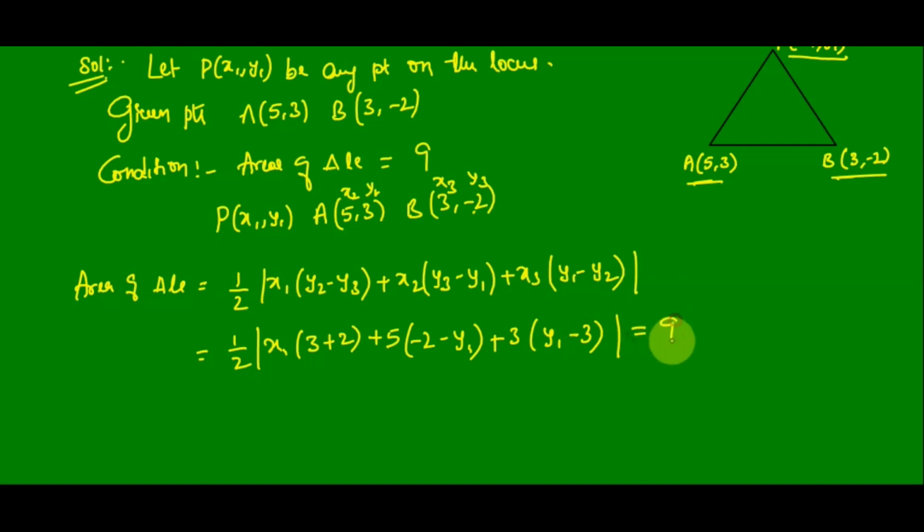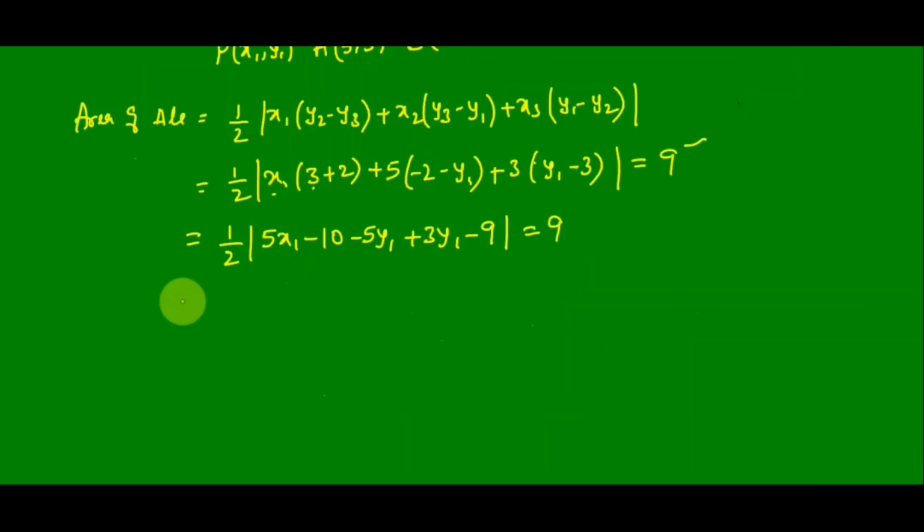He gave the area of triangle is 9, so I am writing here is equal to 9. Now we will simplify this, right? Here 3 plus 2 is 5, so this will become 5x1. Then 5 into minus y1 is minus 5y1, minus 10. Similarly, plus 3y1, then 3 threes are minus 9, mod is equal to 9.